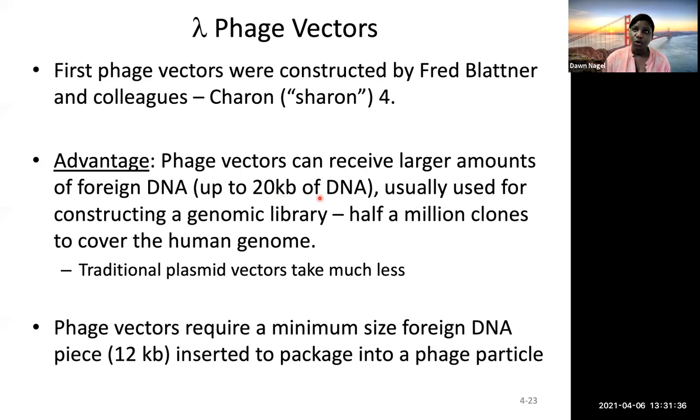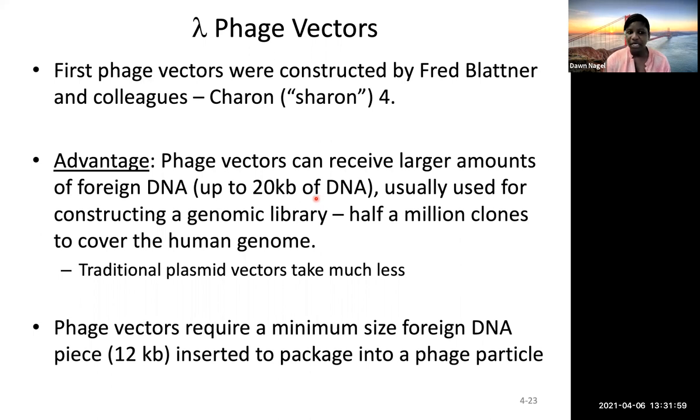With plasmids, you can clone a piece of DNA that's pretty large, maybe 5,000 or 6,000, but trying to clone a piece of DNA that's 20,000 base pairs into a plasmid is very difficult. It's really not efficient.